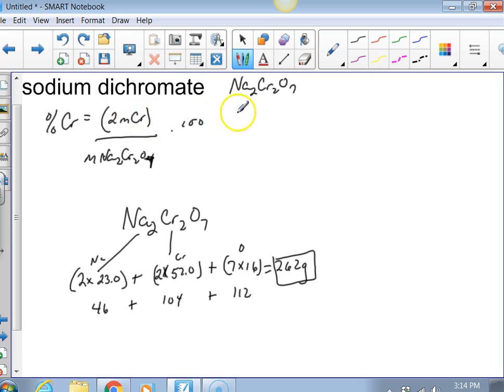So up here we've got 2 times chromium, that's 2 times 52, or 104, divided by 262, which is the mass of the entire compound, times 100. 104 divided by 262 is 39.7 percent chromium.